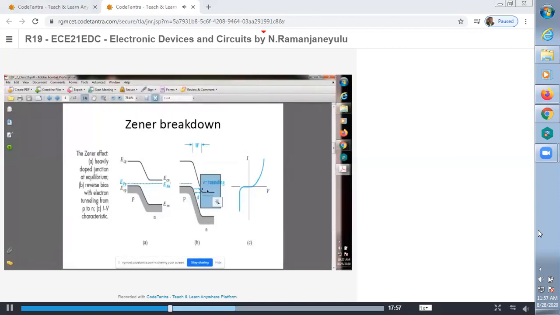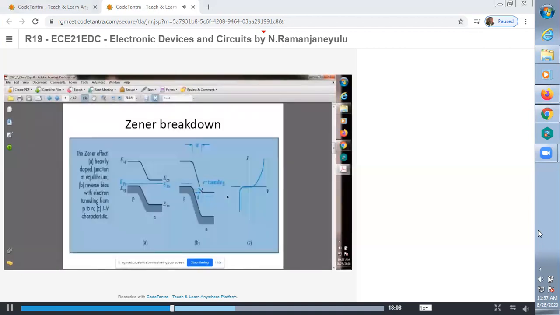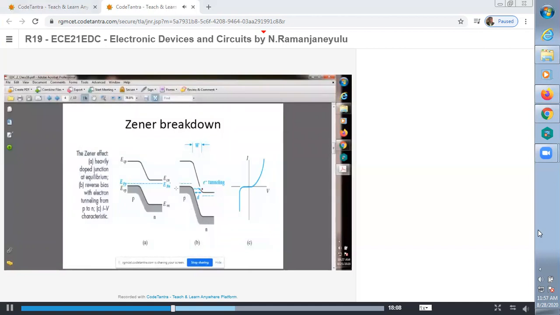Remember this: one side has a huge number of charge carriers, and the other side has a huge number of empty states, and the spacing between these two, D, is very narrow. Due to this large reverse voltage, an electric field is created. This electric field is sufficient to move the charge carriers by tunneling. It can directly move electrons from the valency band into the conduction band.